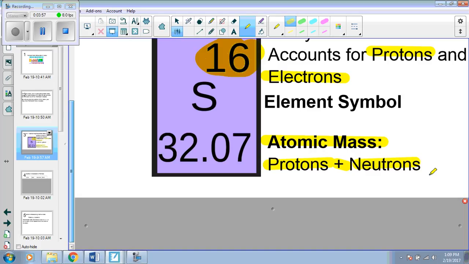If we look back at section 1, your protons and neutrons are located in the nucleus. Therefore, that's where the atom's mass is going to be, within that nucleus. Well, what do I find in the nucleus? The protons and neutrons. Remember, an electron has a mass of 0 AMU, so it does not account for any portion of the element's mass.